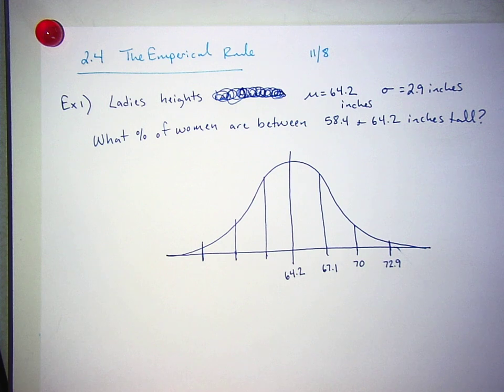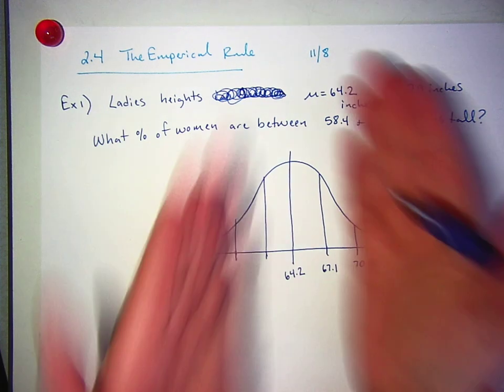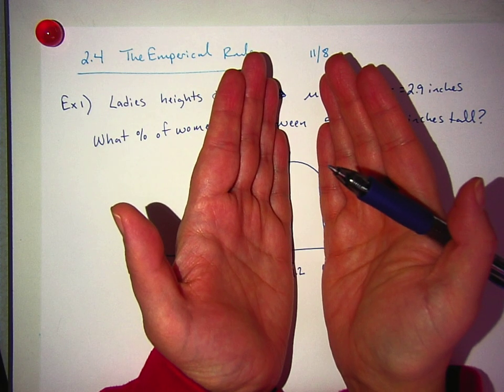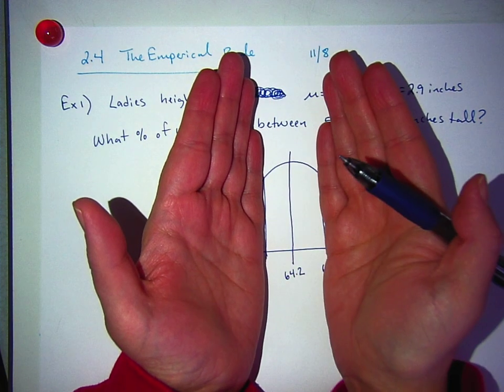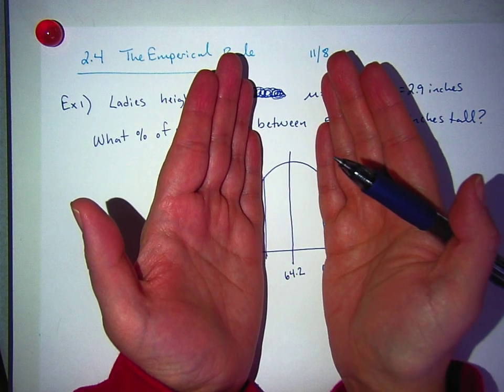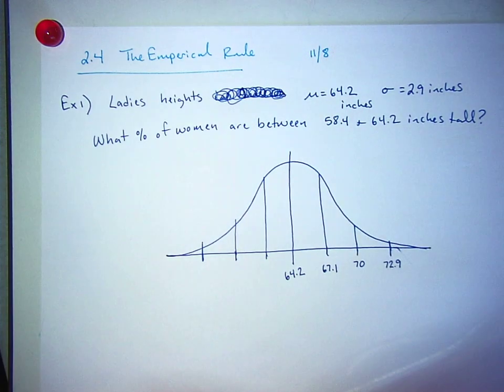How tall are you? 5'7". 5'5.5". All right, so you're 5'7", so you would be 67 inches tall. So all 3 of our ladies are here in this section, except for me. I'm in that section. But look, we're within 1 standard deviation of the mean. We're not extremes here, right?